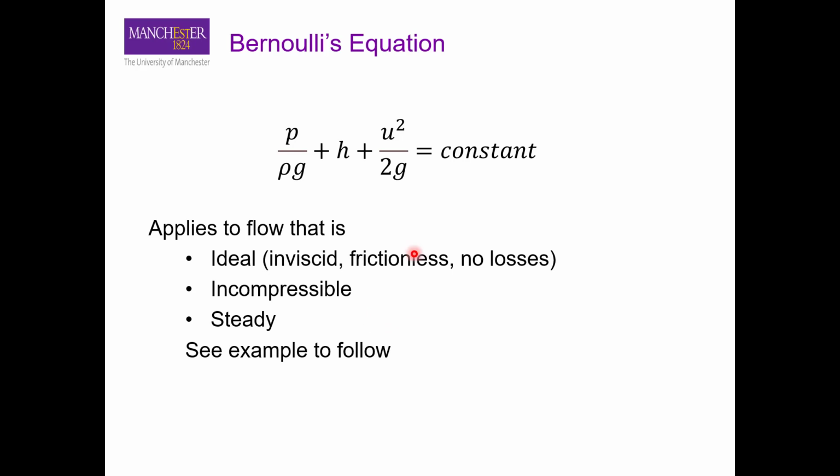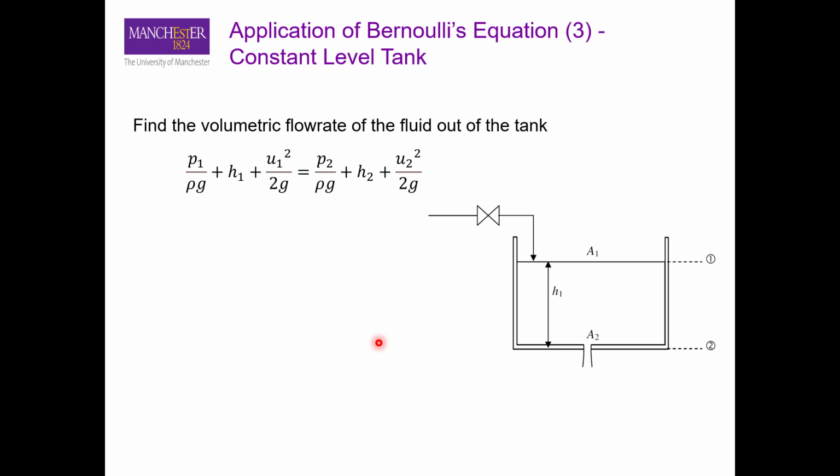Now let's look at how we can use this equation to solve a system, that is the case here, of a constant level tank. So here you have a tank that has a cross-sectional area of A1, and then you have a hole at the bottom of this tank that is A2, and you have adjusted the flow in such a way that the level of the fluid in this tank is constant, that is H1.